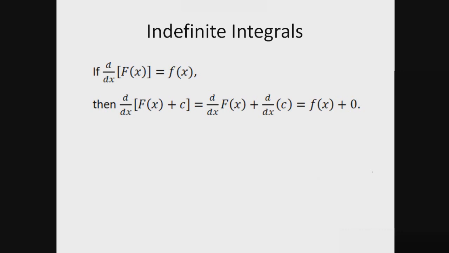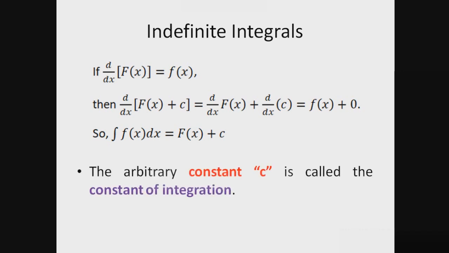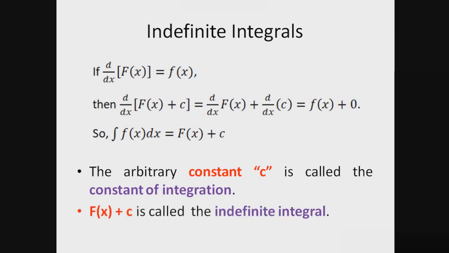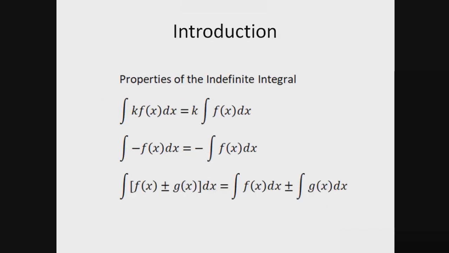So, the integral of lowercase f(x) dx is equal to the capital F(x) plus c. The arbitrary constant c is called the constant of integration. So, whenever we have the antiderivative function, we must put c at the end of the result. So, F(x) plus c is called the indefinite integral.